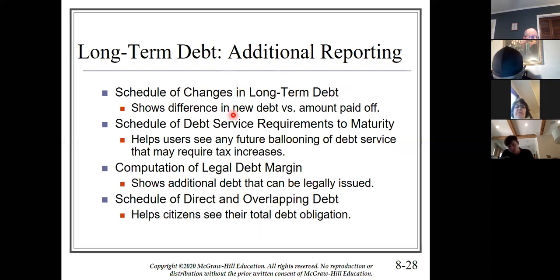That compares how much new debt they're incurring and how much they've been paying off in a table over time. Schedule of debt service requirements to maturity. That shows each year for many years up into the future how much of their long-term debt is going to be maturing.